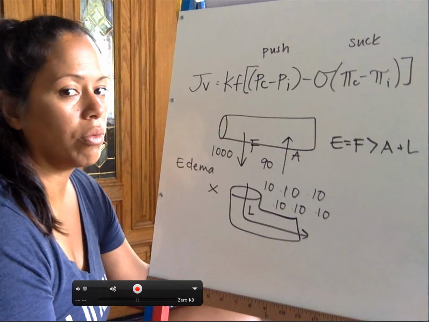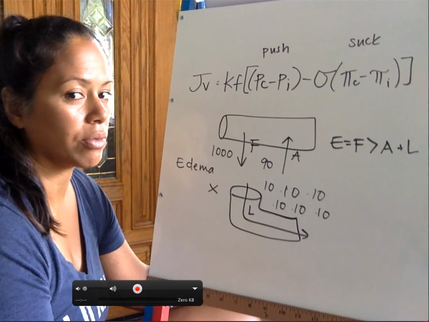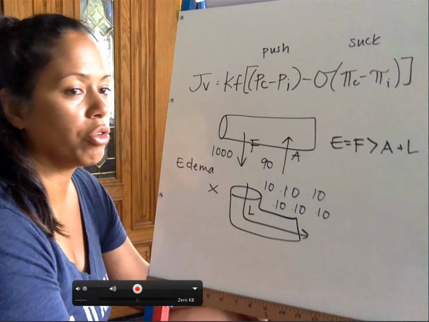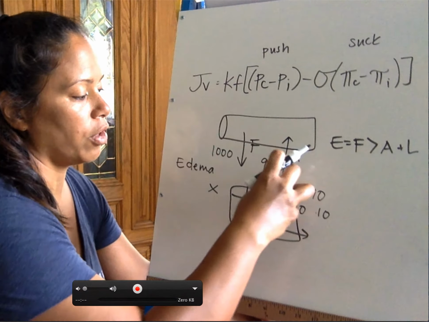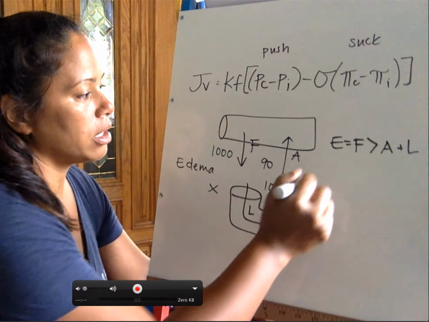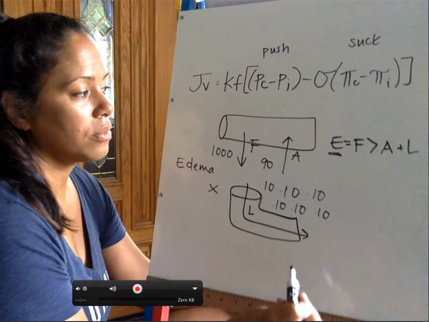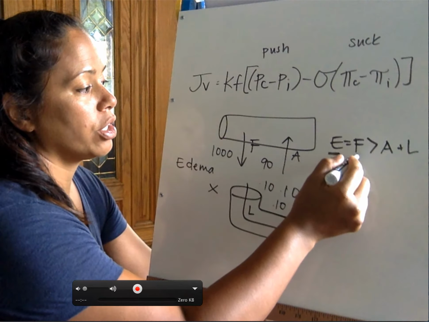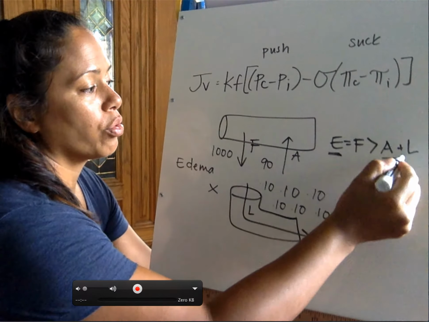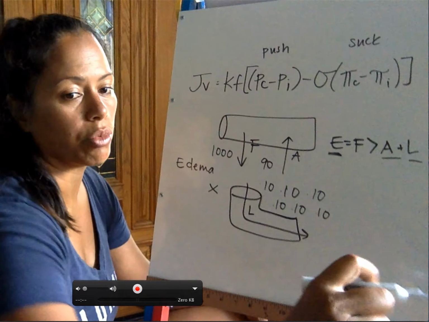How do you deal with that? Well, we said the first thing was diuretics, right? Diuretics will help to remove extra fluid and remove all this excess. But the concept is: edema occurs when filtration is greater than the ability to remove through absorption or lymphatic removal.